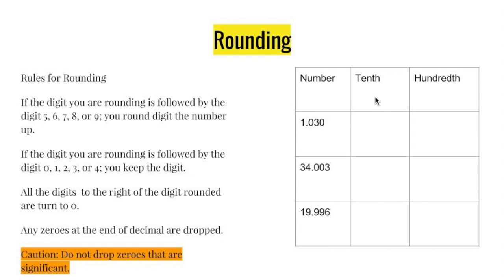1.030 is telling us to round to the 10th. So this 3 tells the 0 that's in the 10th spot to stay the same. So when we go to round, it just becomes 1.000, okay, based on our rules. And now, previously, I told you that any zeros at the end of the decimal are dropped.